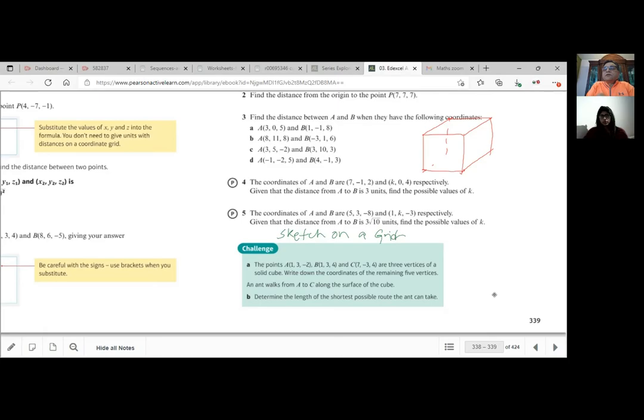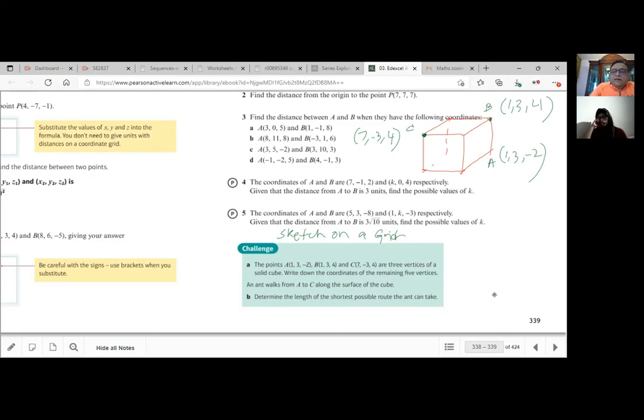And this is my C, and points A and B. I'm taking A as (1, 3, -2), and B as (1, 3, 4). And the 7 is further out. Correct.